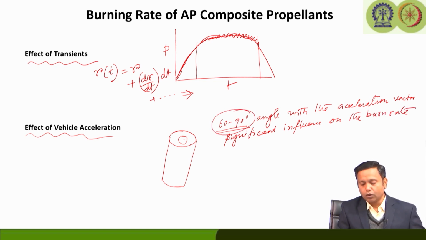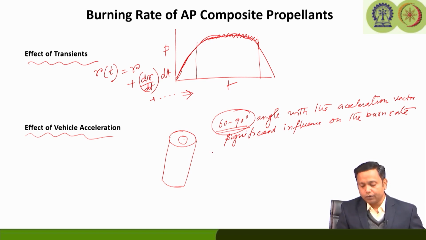But if it is not making a larger angle with the acceleration vector, where angle means we are talking about the propellant surface, then if it is making a larger angle with the acceleration vector, there is a high chance that it is going to influence the burn rate.